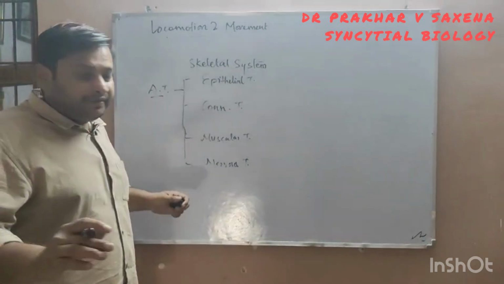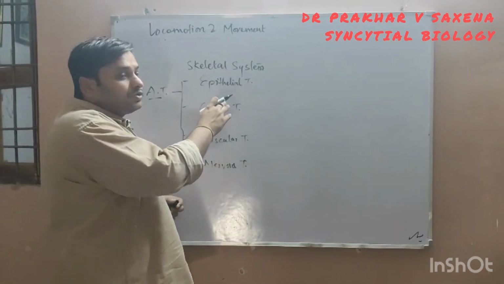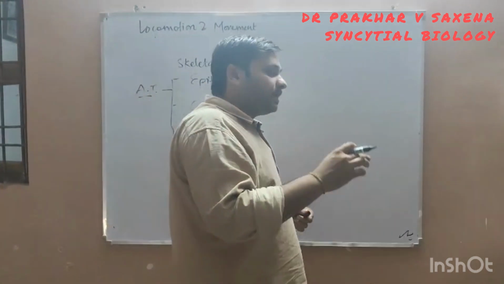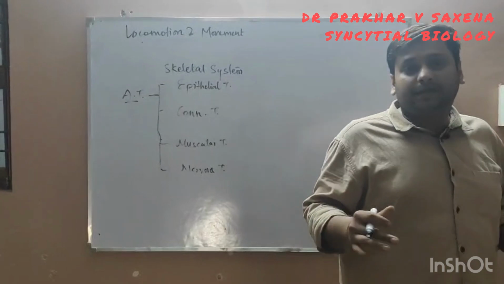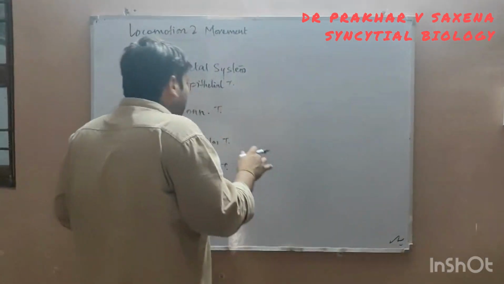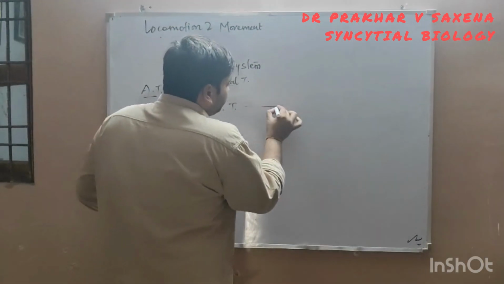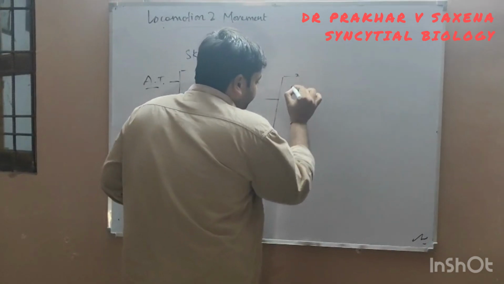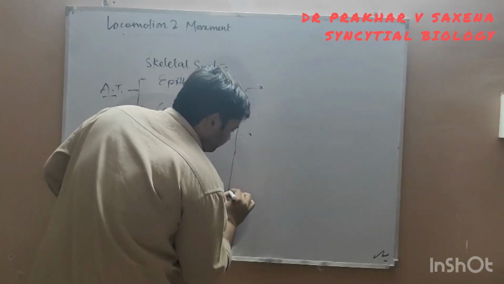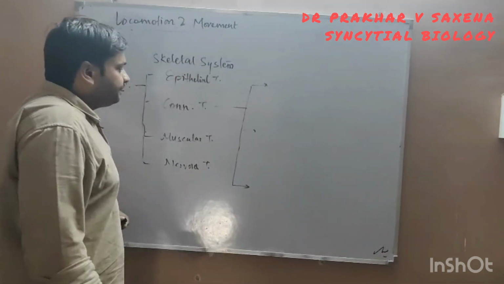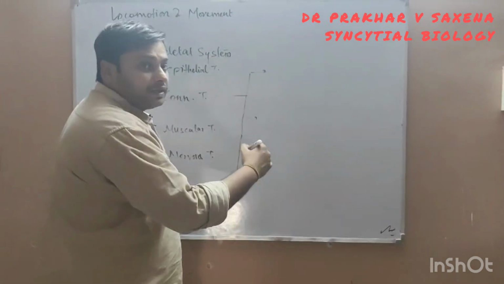So now we have to dive deep inside the topic of connective tissue, because in connective tissue only this skeletal tissue arises, right? This connective tissue is further divided into three parts. What are those?